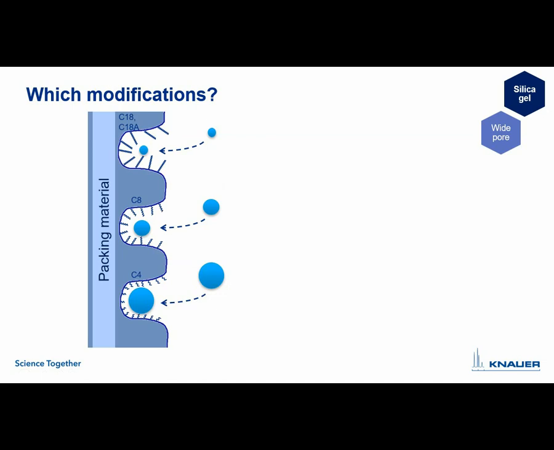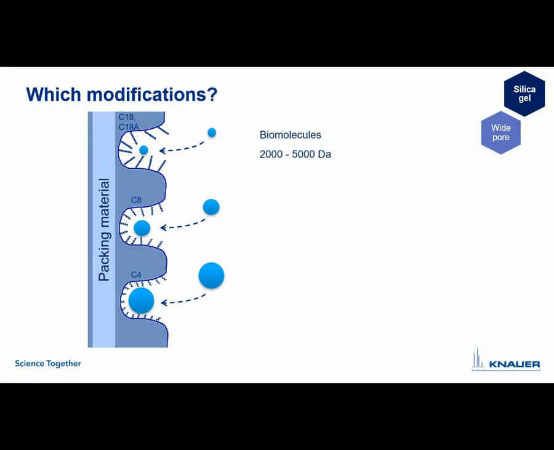But we also have these materials with different modifications. So for a C18 or a C18A modification that you already know from our typical reversed phase material with small pores, there you will have the C18 chains bonded on the material. And again, it's just a schematic drawing, but you can get an insight here why this is offered for rather small biomolecules.